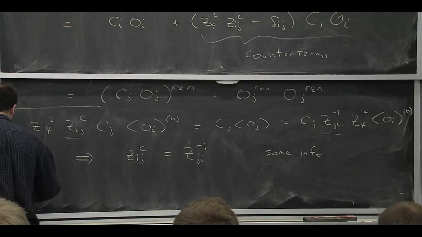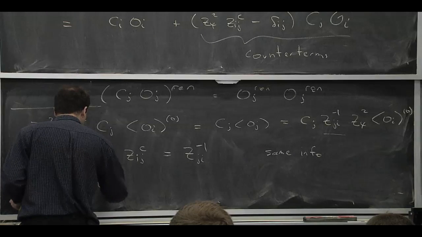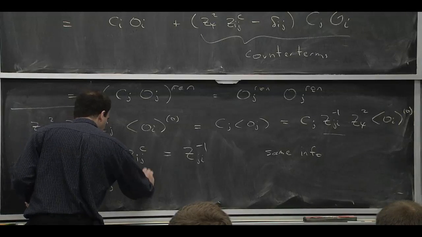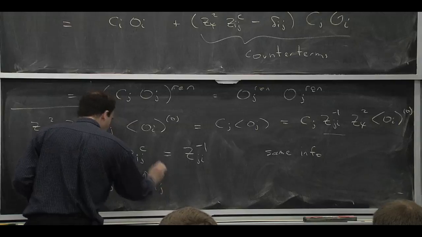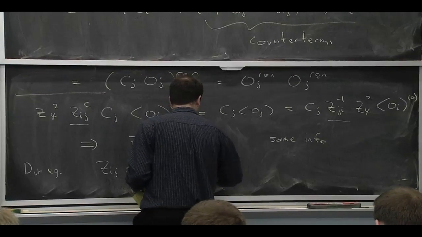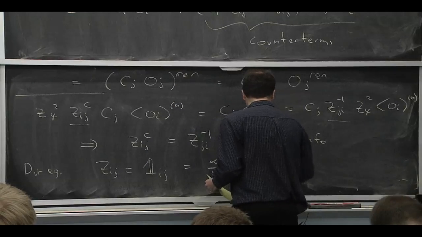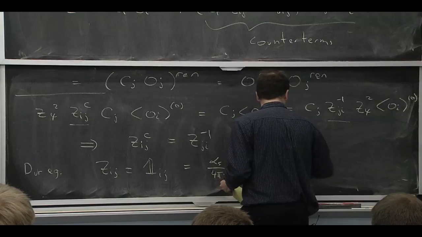OK, so in our example, the Z is a matrix. It starts out as the unit matrix. And in MS bar, we collect the divergences that are not canceled by wave function renormalization.